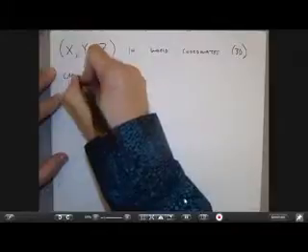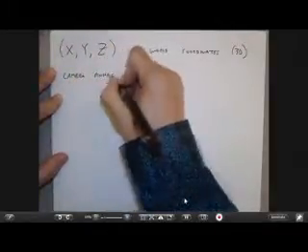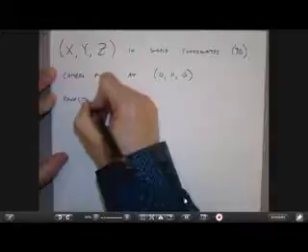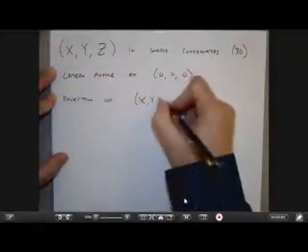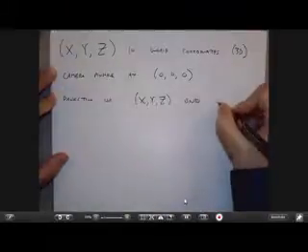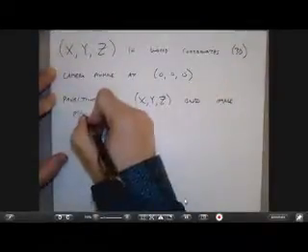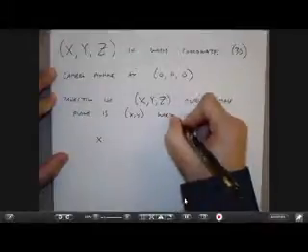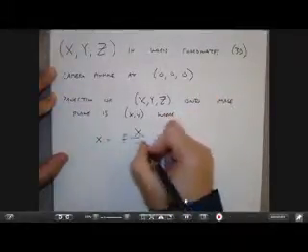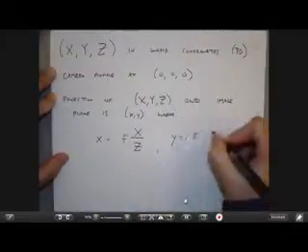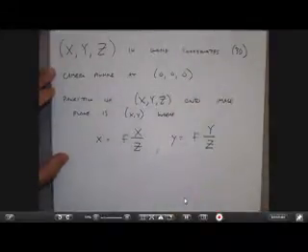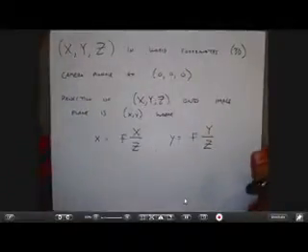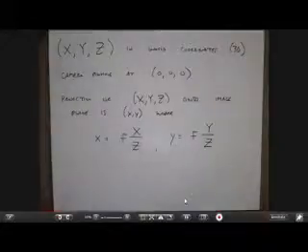We assume that the camera pinhole is at 0, 0, 0, and then the projection of capital X, Y, Z onto the image plane is little x, y, where little x is equal to f times big X over big Z, and little y is equal to little f times big Y over big Z. And that all comes out of similar triangles, basically. And I'm not going to make it any more complicated than that.